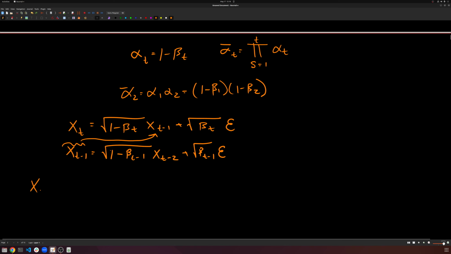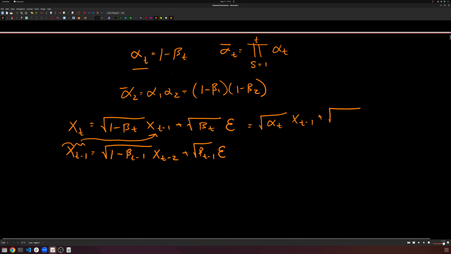So that means x_t is equal to, first what we had before, square root of 1 minus beta_t. That's the first step. Let's do a little bit of shorthand to make this simpler. This 1 minus beta_t, I already called it alpha_t up here. So this is going to be the square root of alpha_t times x_{t-1}, plus square root of, so if alpha_t is 1 minus beta_t, that means beta_t is going to be 1 minus alpha_t.